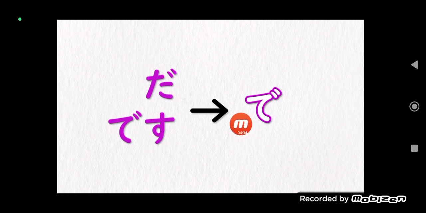So this de discussed today is entirely different, because this de is now acting as a conjunction particle, or connecting particle, to connect the mini sentences, thereby forming a compound sentence.